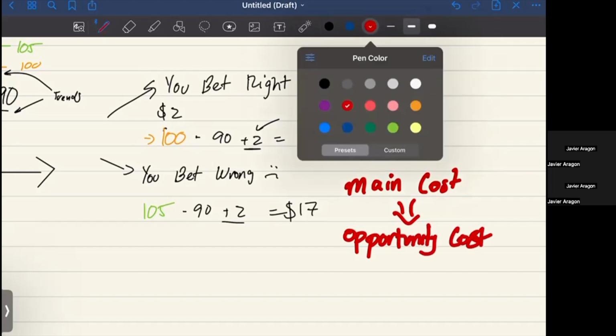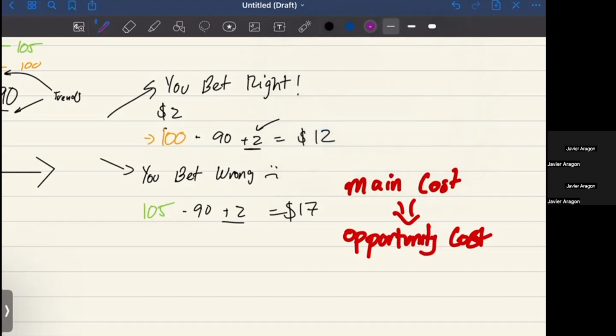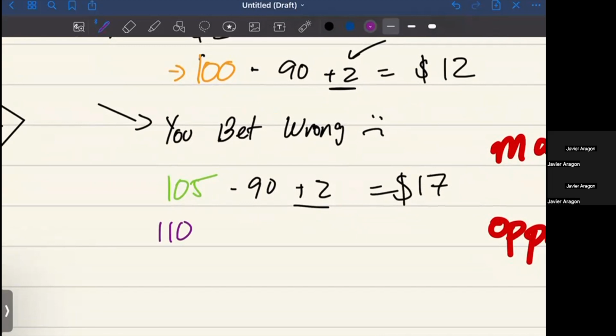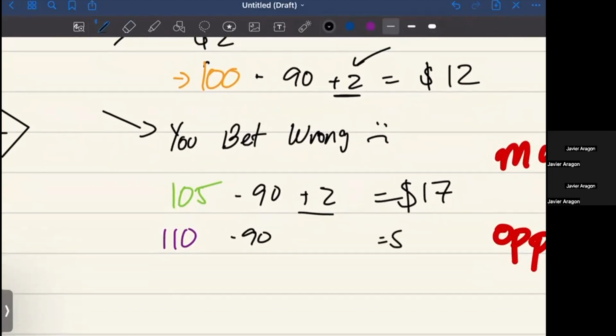Because you could have sold it at 110 minus your 90 of cost, and here you wouldn't have a premium because you didn't make the bet. So you have 110, it's $20.